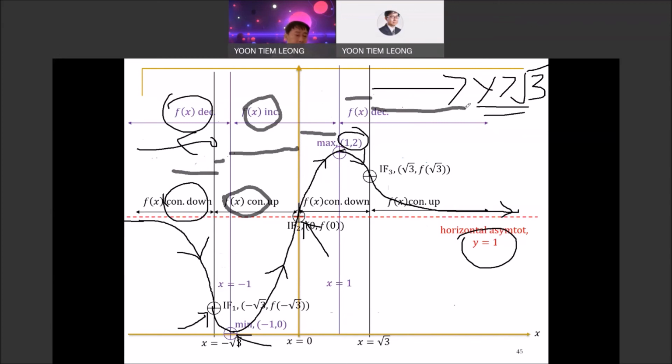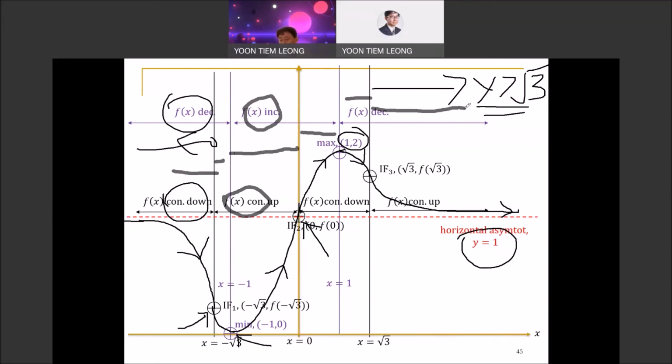Find the critical points, divide the function into regions according to the critical points, then find the inflection points, then divide the function according to the inflection points, then decide the concavity within each region. Then you put everything together, join them up, and consider the behavior of the asymptote, and then you'll be able to produce the shape of the graph.